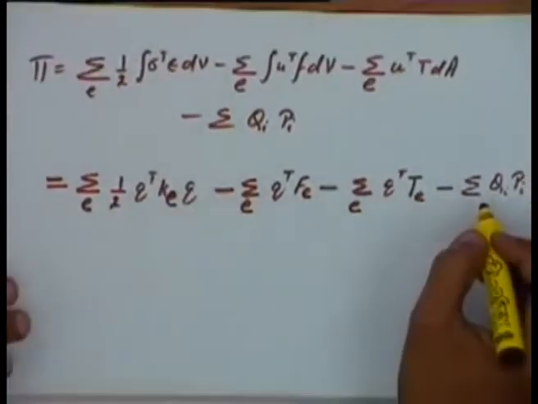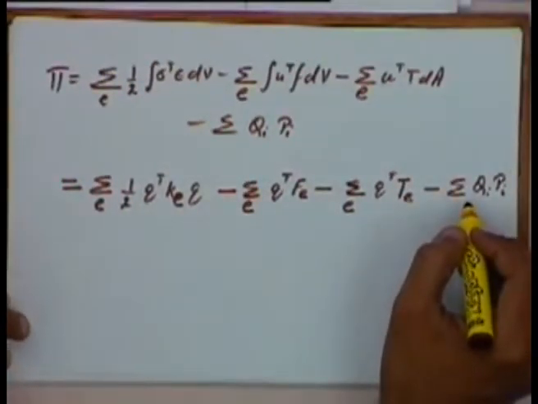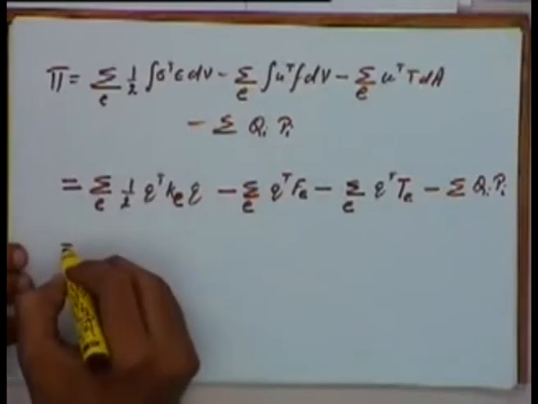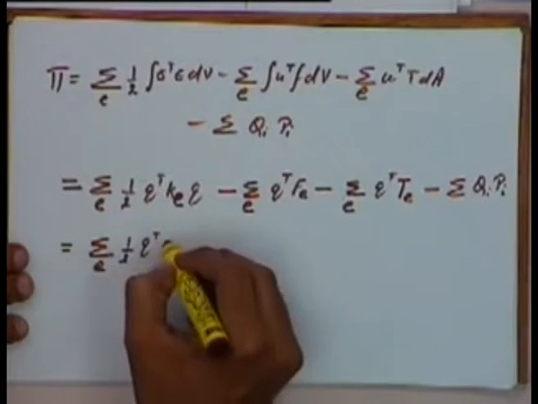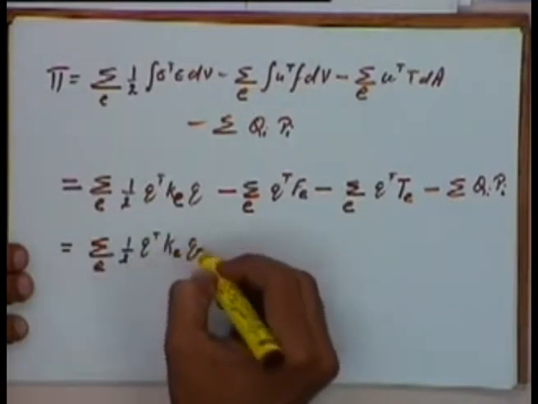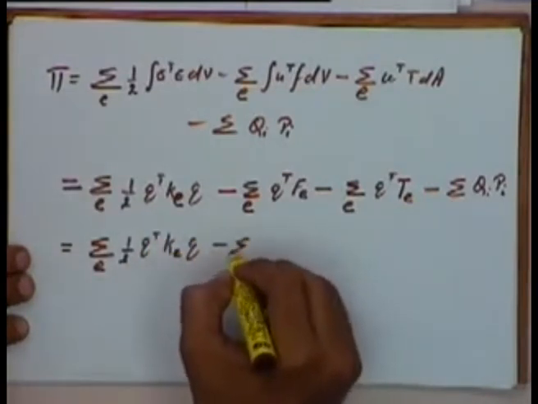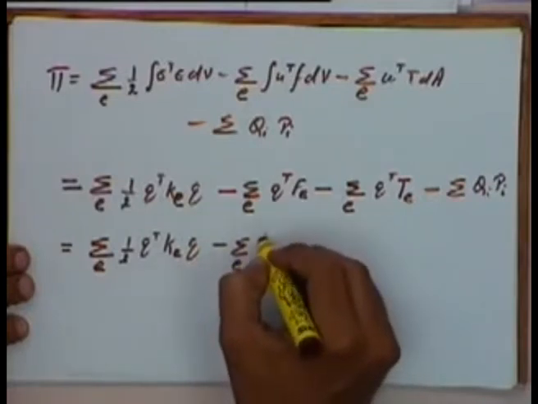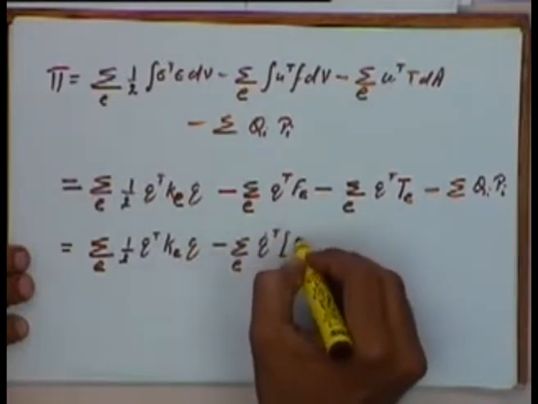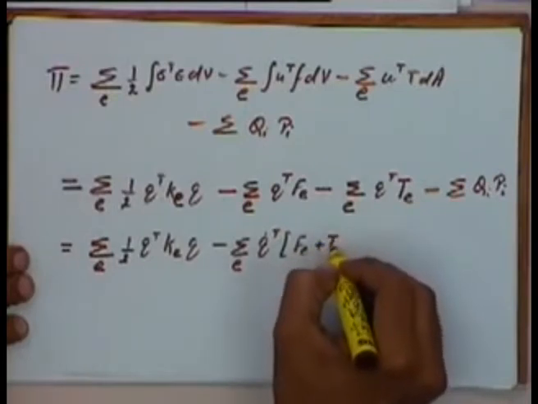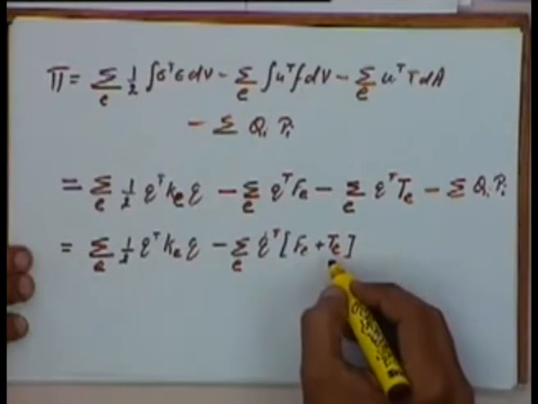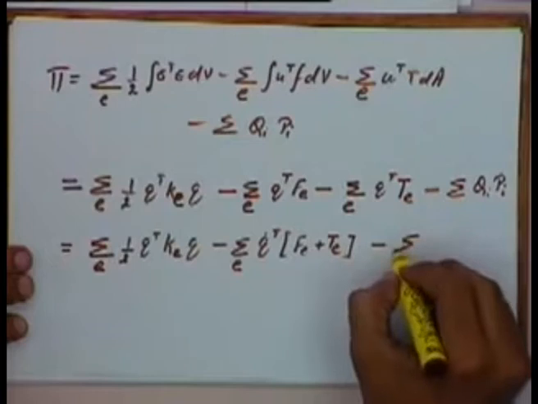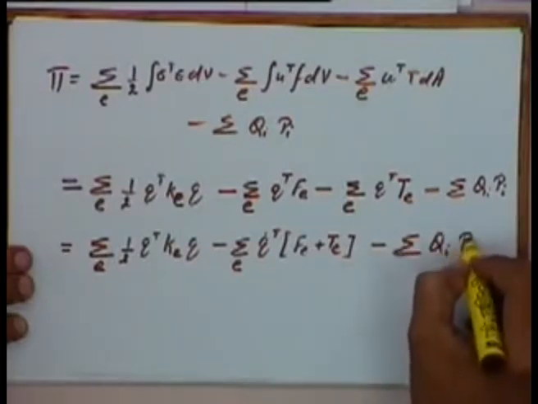Now this expression is the same as the expression we had earlier. So this is equal to summation over all the elements of half Q transpose KeQ, minus summation over all the elements of Q transpose multiplied by Fe plus Te. Fe plus Te will give us the element force vector, and minus summation of Qi Pi.